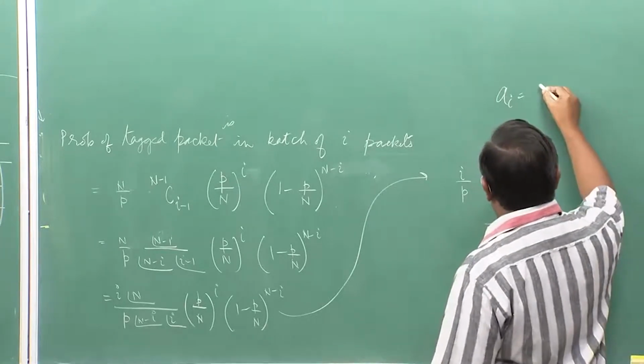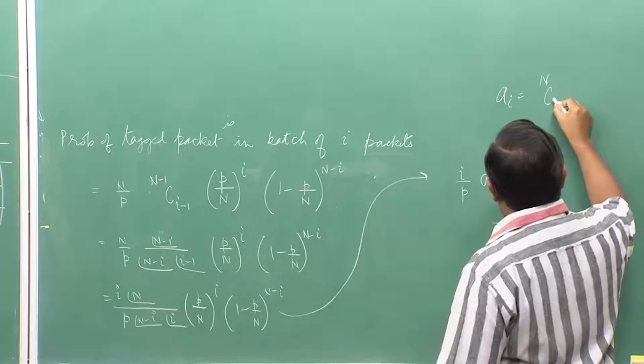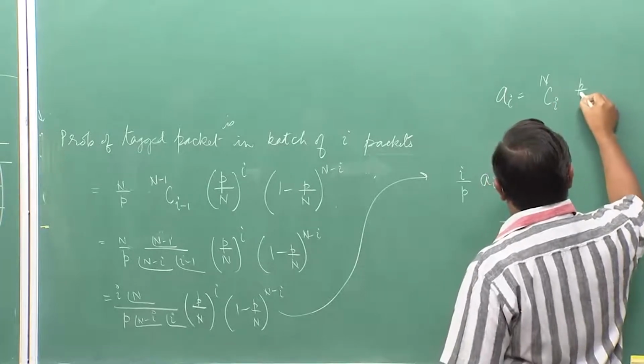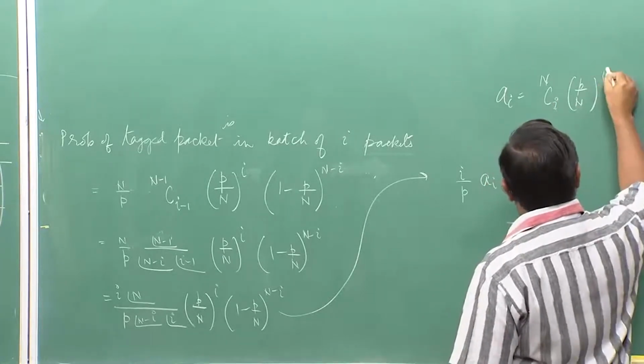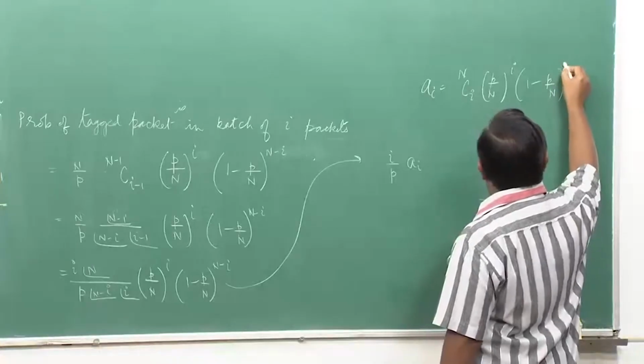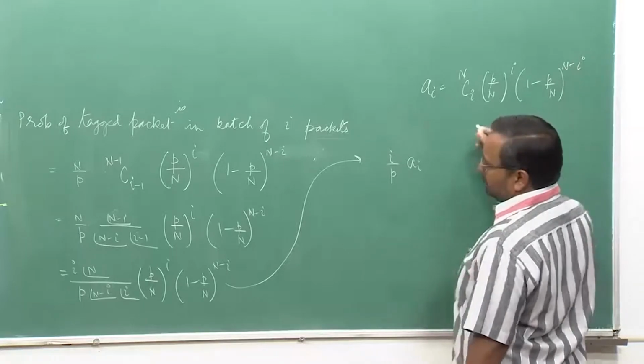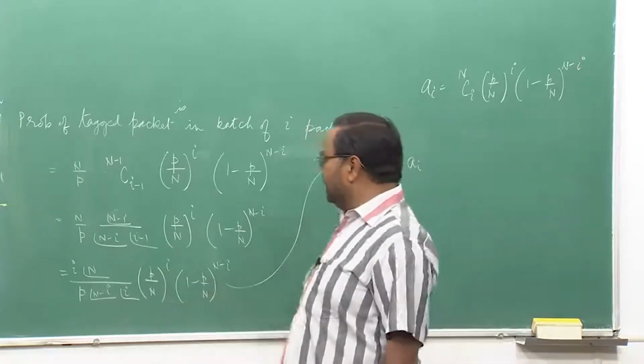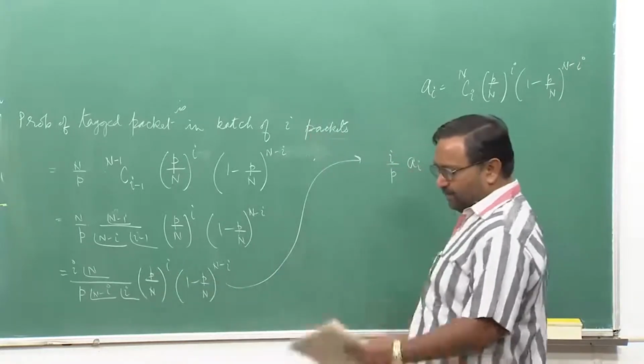In the earlier video, AI was n C I times p by n. So, I ended up having the same thing. So, it has become I AI by p.